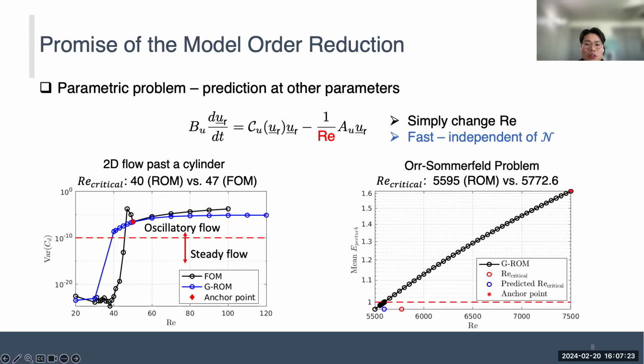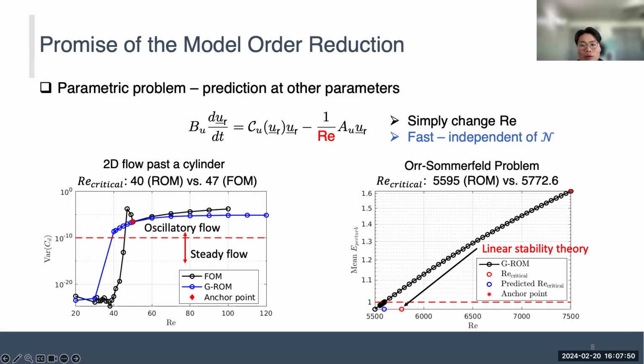Another example here is the Orr-Sommerfeld problem. This is a classical problem used to study the evolution of small amplitude disturbances in channel flow. From linear stability theory, you can derive the critical Reynolds number, which is about 5,772.